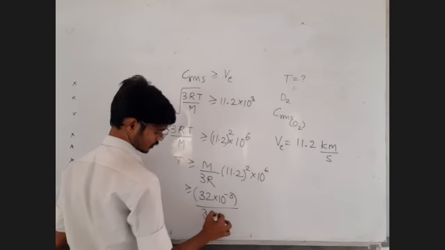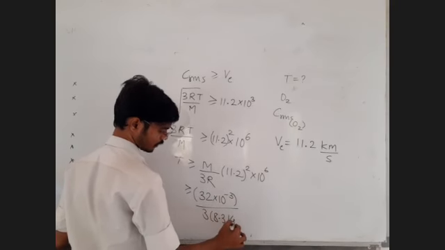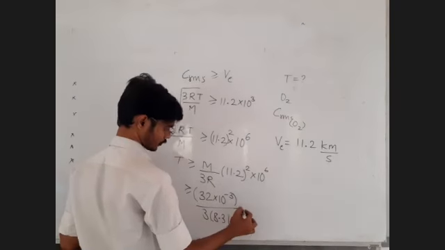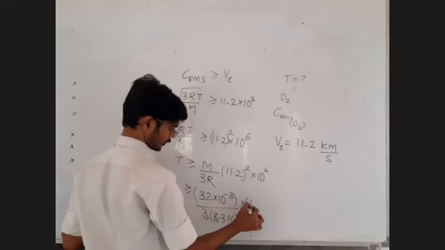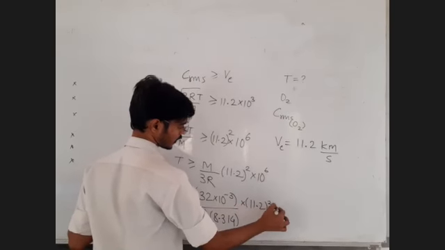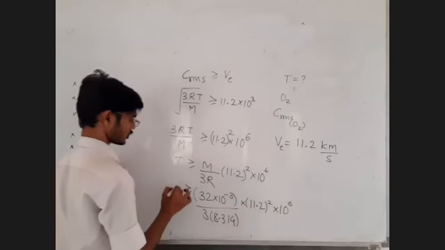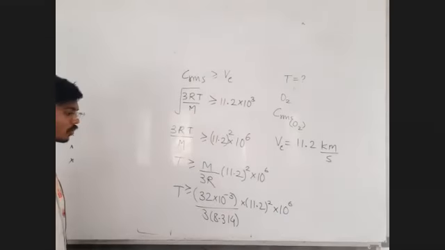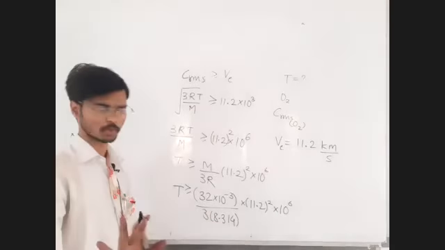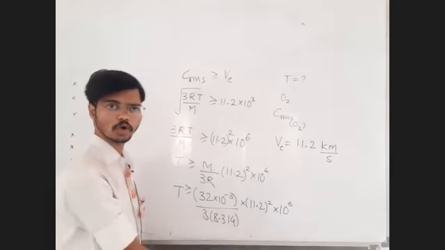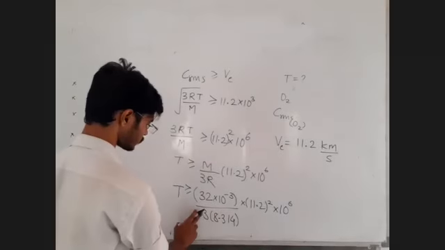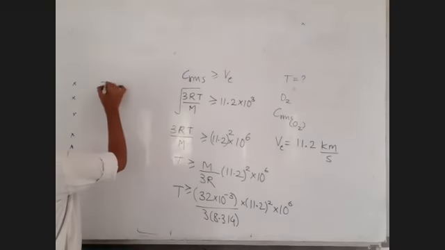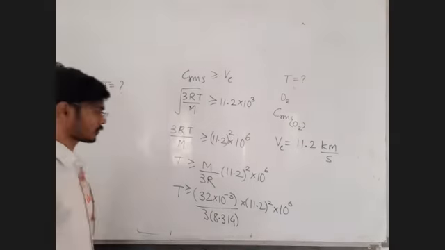R is 8.314 joule per Kelvin per mole, into 11.2 square into 10 raised to 6, as it is. This is going to be your calculation task today. You may take 8.3 as 8, no problem, or 8.3 as 8.2 also. Do it on your own and calculate the answer, T equals question mark.